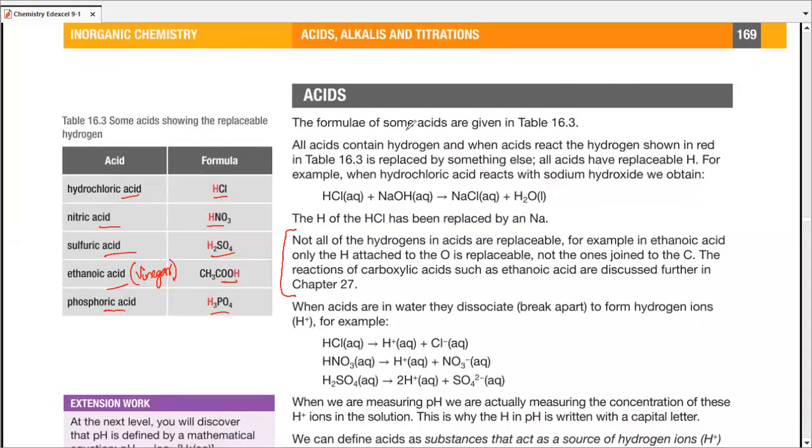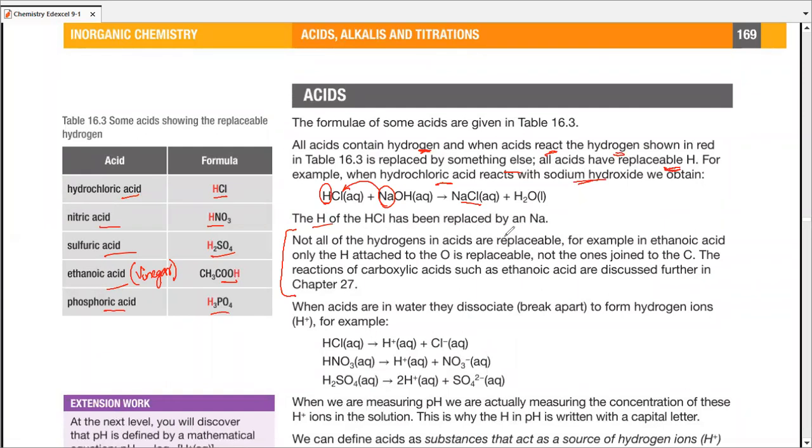Moving on, all the acids contain hydrogen, and when an acid reacts, the hydrogen shown in red is replaced by something else. All acids have replaceable hydrogen. For example, when hydrochloric acid reacts with sodium hydroxide, this hydrogen is replaced by the metal sodium, and that's how we get sodium chloride salt out of this reaction.